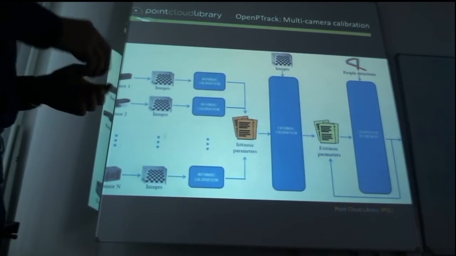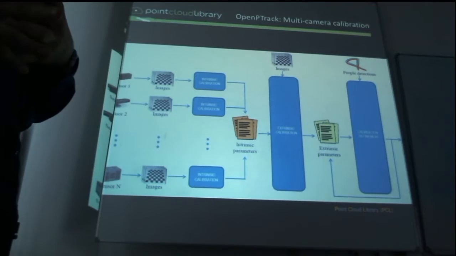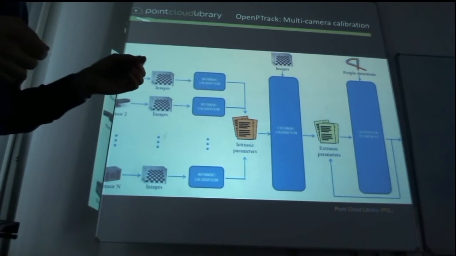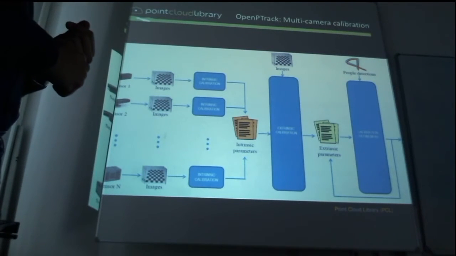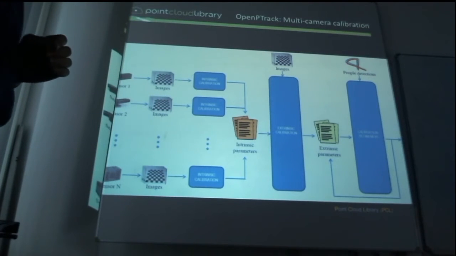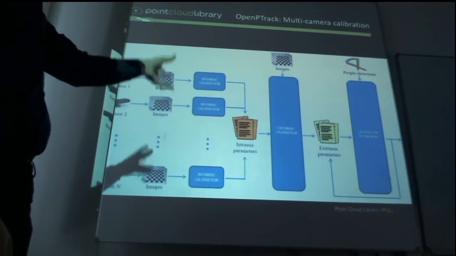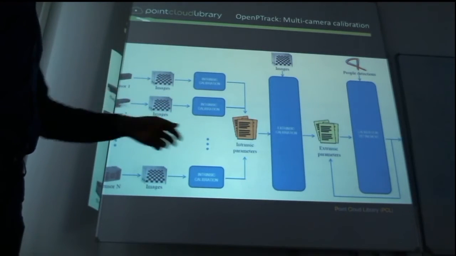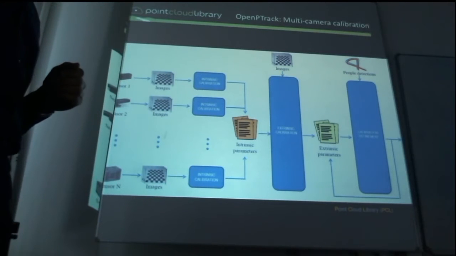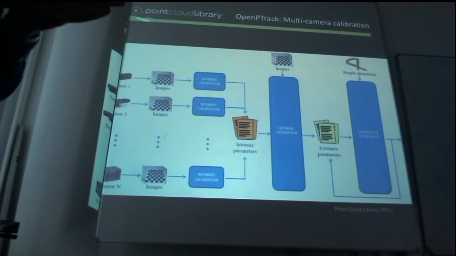And so what was important in order to use a multi-camera system was calibration. The tracking node needed to know the position of all the cameras within the network. For doing this, of course, after the intrinsic calibration step of each sensor, there is an extrinsic calibration procedure, which is quite standard, as you may know.